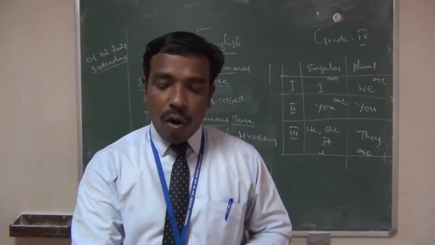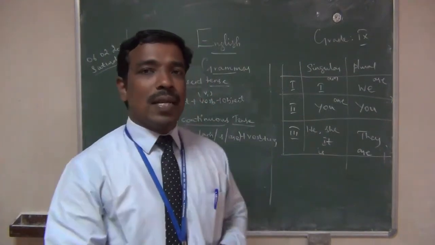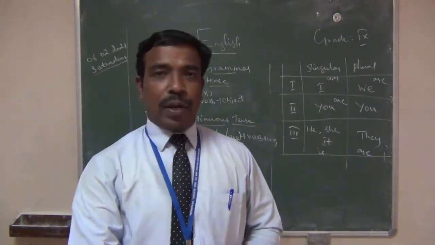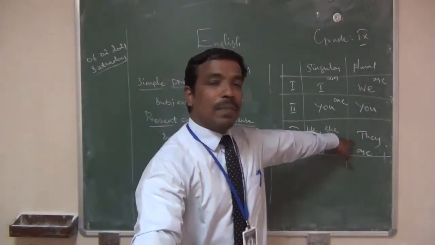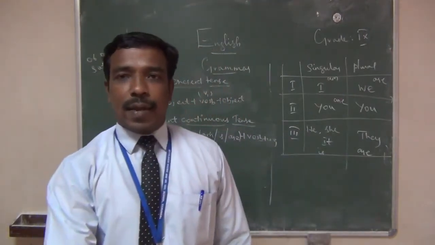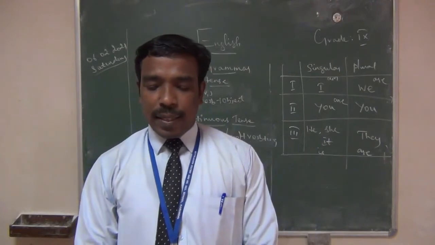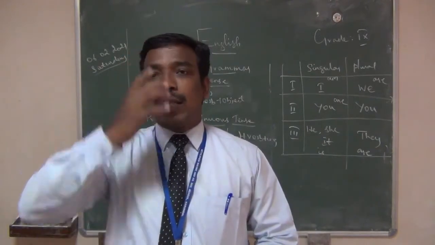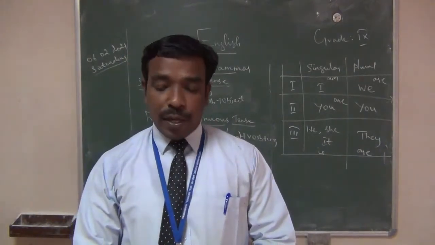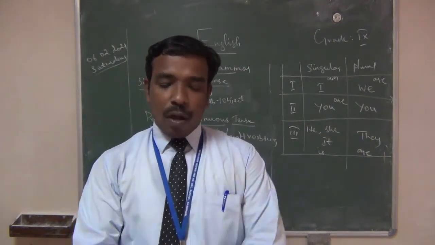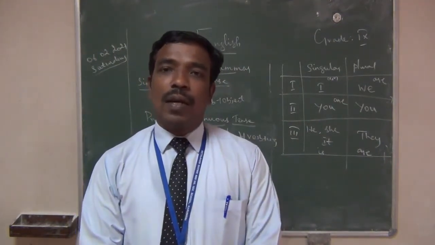All children means third person plural. For third person plural we should not add s or es to the verb. So all children learn something new every day. We should not use learns, because all children is third person plural.